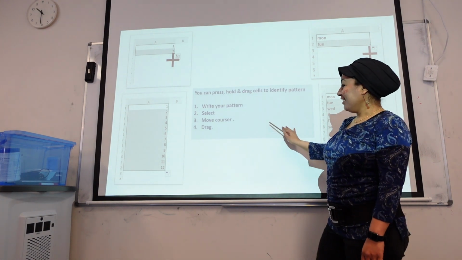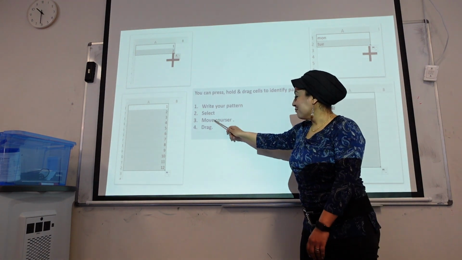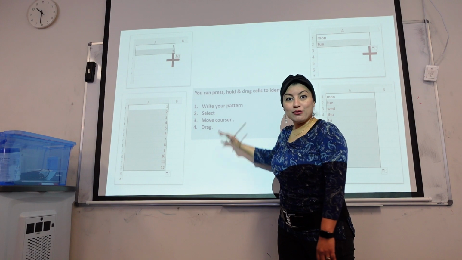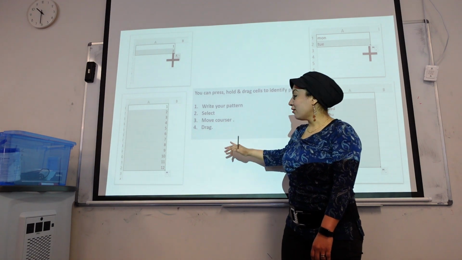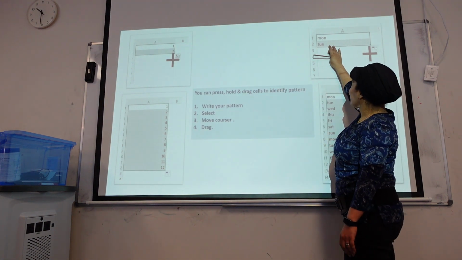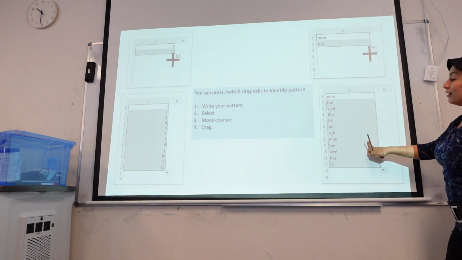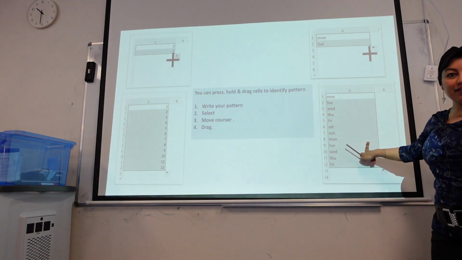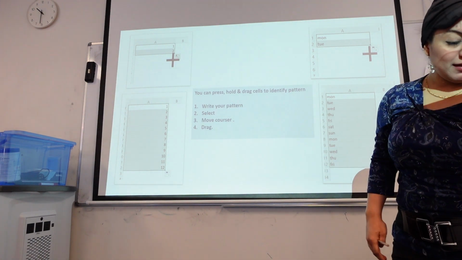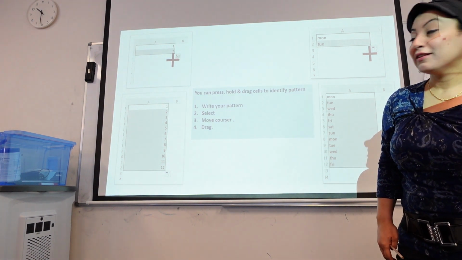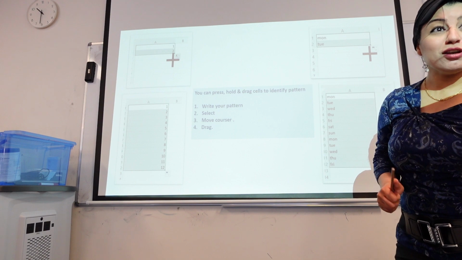Yeah, so you write your pattern, select, move the cursor, and drag. Now you know the steps, right? Write your pattern, identify it, select it, put the cursor, drag. I think this is clear? Gentleman at the back, good?